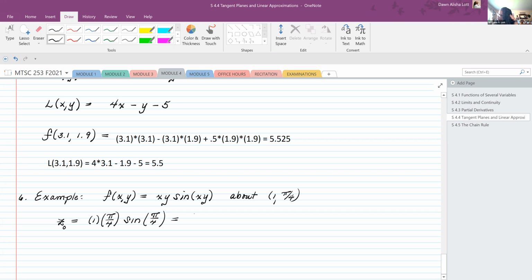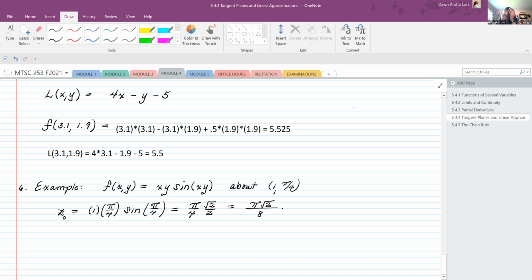So that's pi over 4 times the root of 2 over 2. So that's going to give me pi root of 2 over 8. It's not cute, but that's what it is. Okay, so that's that.